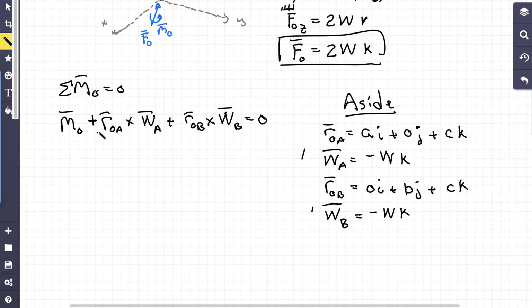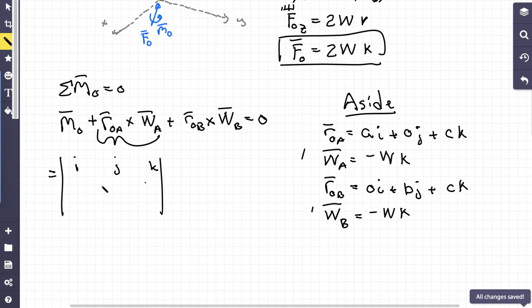So we're going to expand upon this, and we're going to put our determinant here. This is a good way to think about this. We put the R value here, which in this case is A, 0, and C. And then the force is 0, 0, negative W. If you work this out, first of all, it's going to be in the j direction, because it's an i cross a k.